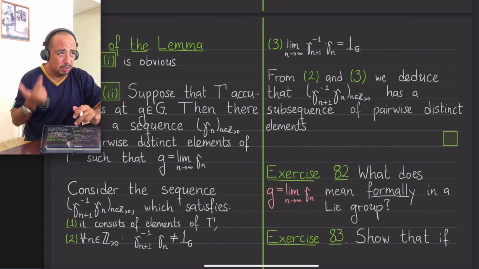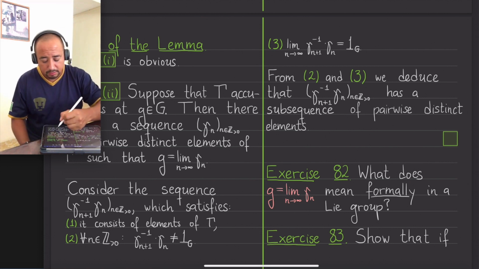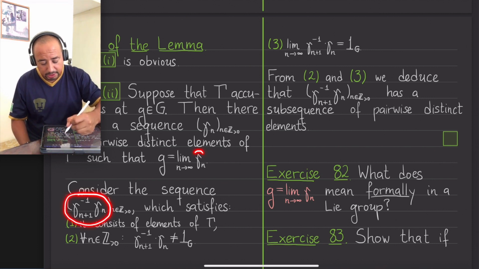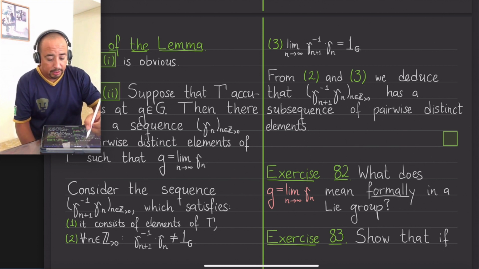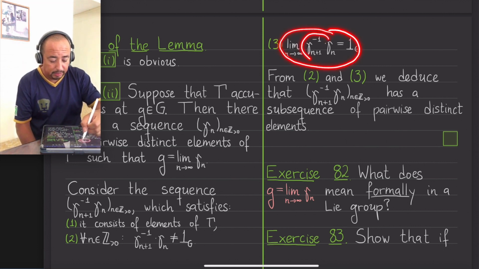Well, as something times its inverse, but we want to obtain it as an accumulation. So we multiply each element by the inverse of the next one, because the limit of the sequence obtained that way is going to be the identity, which lies in gamma.